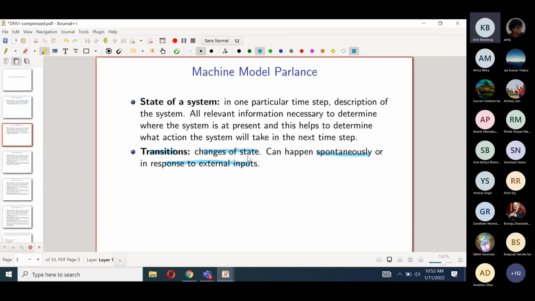For example, you have an alphabet sigma, and you are getting an input string where every symbol is coming from sigma. Depending on how the machine reads these symbols one by one, the machine goes to the next state.